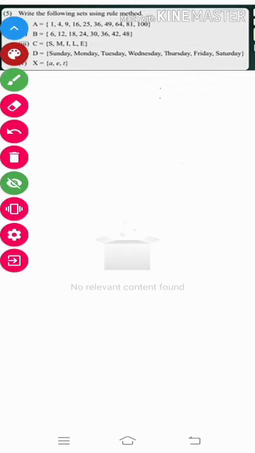So in this series, the third question is C is equal to S, M, I, L, E. So these are the alphabets of the word.